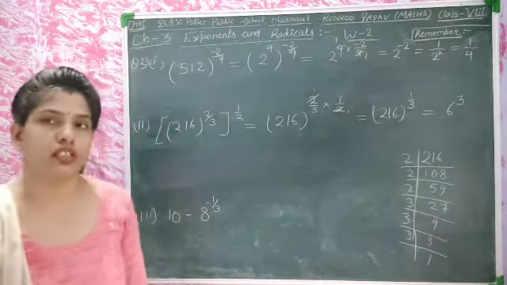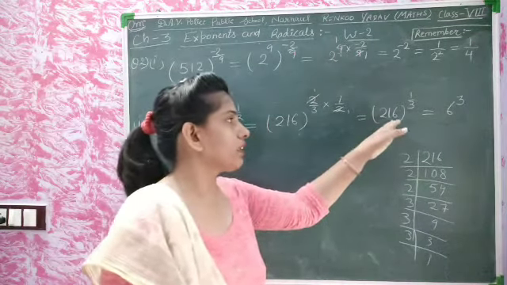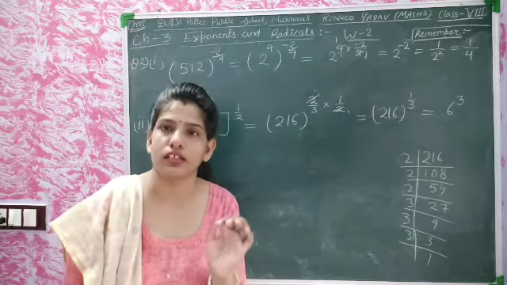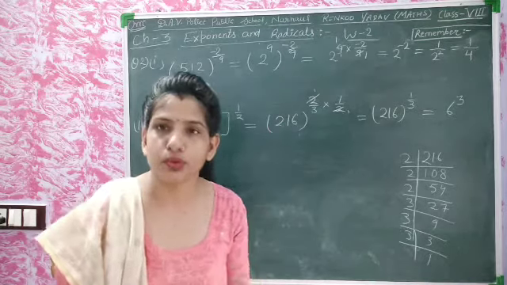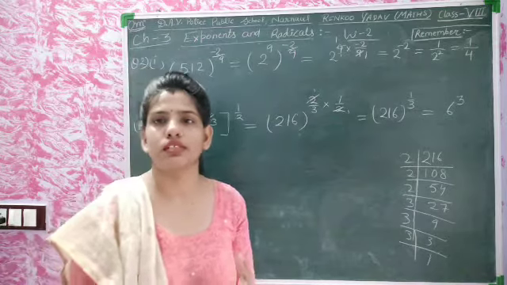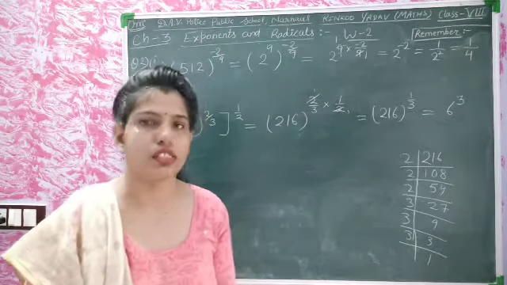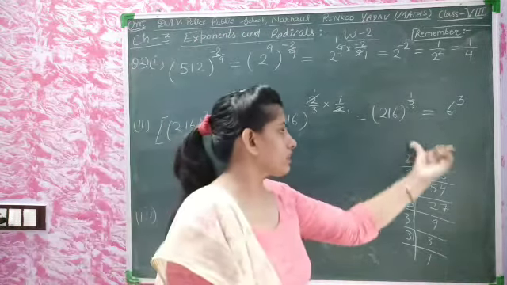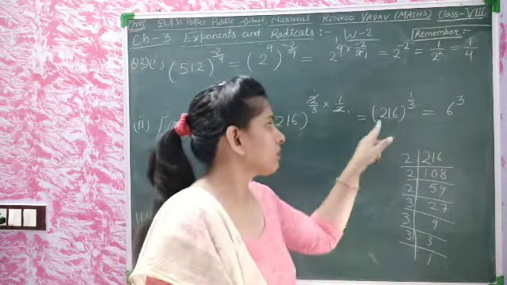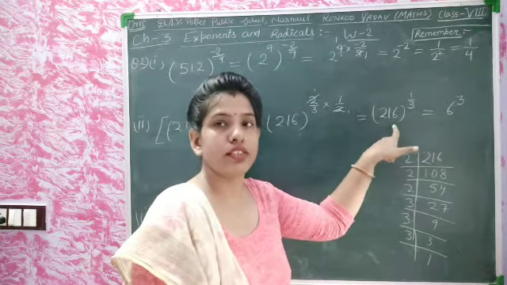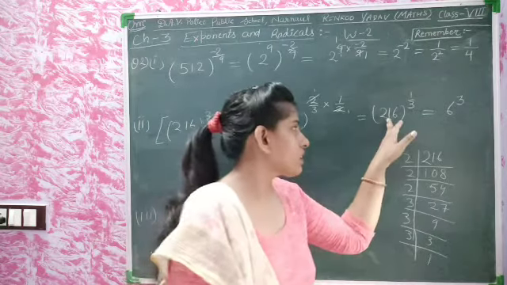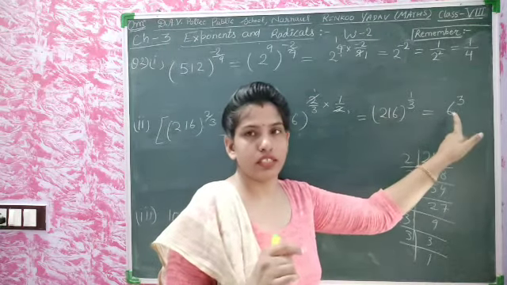As I have told you, you should know the cubes of numbers, the squares of numbers, and the cube roots and square roots of some starting numbers, and then you can solve easily. There is nothing to solve like this, because if you know 216 is the cube of 6, you will solve easily.